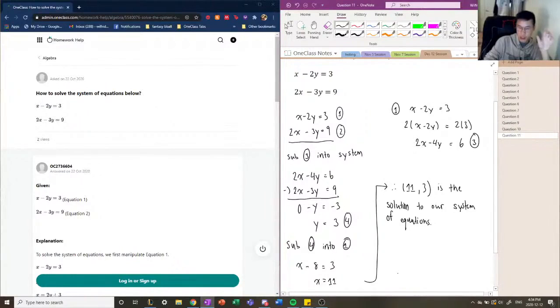And going back to this technique, so when you're trying to figure out how to get rid of one variable, you just have to realize, okay, which variable is easier to get rid of, right? So in this case, it will be kind of hard to get rid of the y variable because you have to multiply both equations by a factor, right? So the closest factor that will be common to both equation 1 and equation 2 would be 6, right?